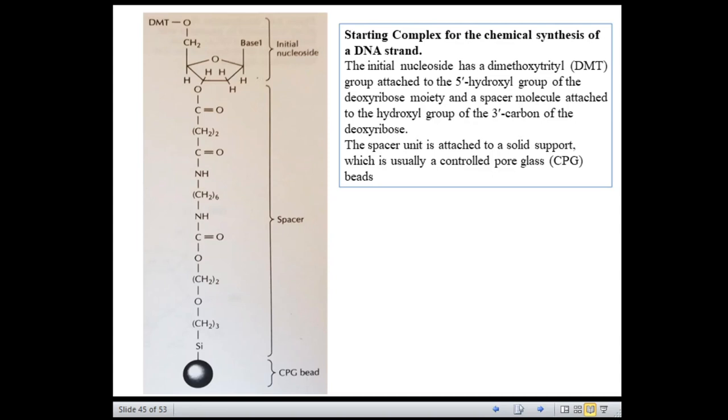Right. So each nucleotide that is to be added to the growing chain has a 5' DMT group and a diisopropylamine group attached to a 3' phosphite group.